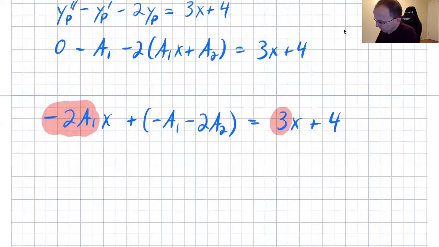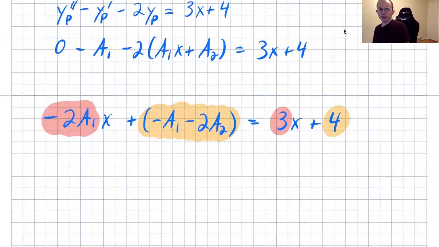And then the other one, let me go back to orange again. This term here is going to be equal to this one. So let's just write those down. In order for this to be equal for all x, we need these conditions to hold.